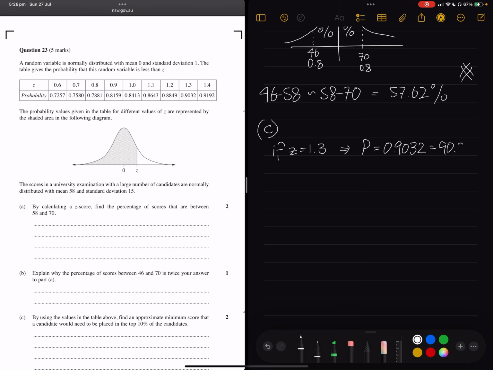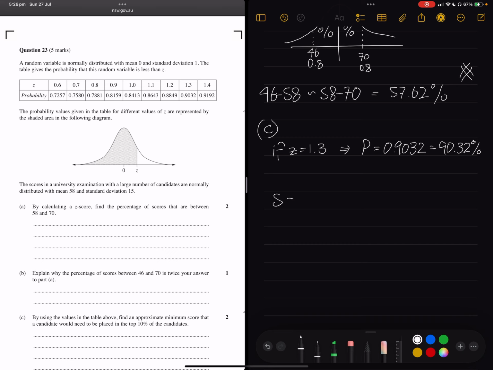This is 90.32%. This is a pretty good minimum z-score associated with the people in the top 10%. So you would need a z-score of 1.3 or more to be in the top 10%, pretty much based on this table. We need to find what score corresponds to a z-score of 1.3.